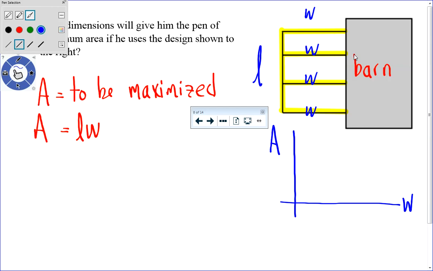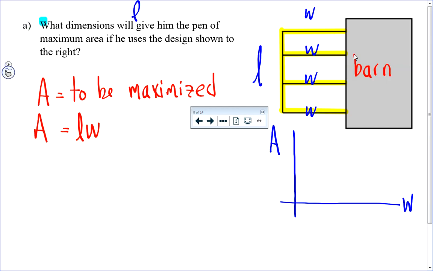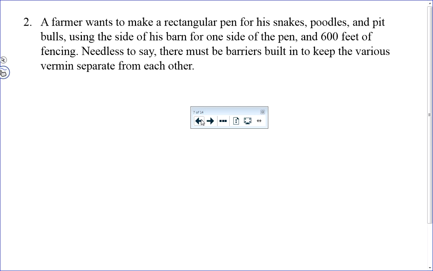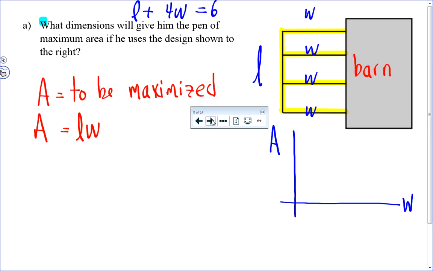And that means that that one length plus those 4 widths has to give you, I believe it was 600 feet. And this is our equation of constraint.